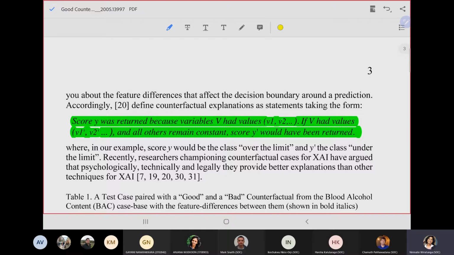If your variables V had these other values, V1 prime, V2 prime, and everything else remained constant, then your prediction would have returned Y prime rather than Y. So that is a natural language template that we could use to present the explanation from a counterfactual.